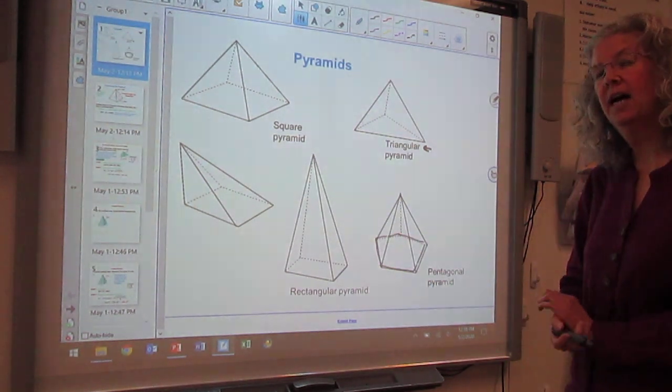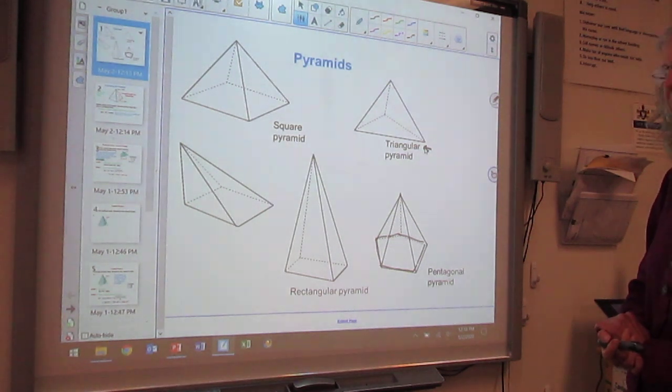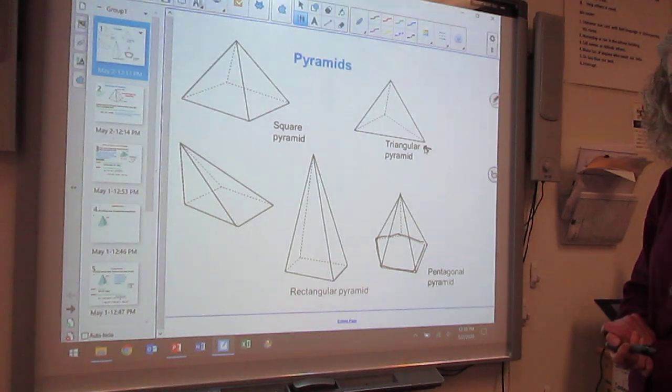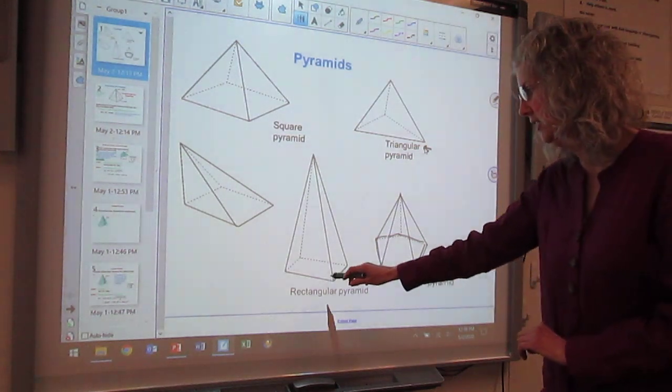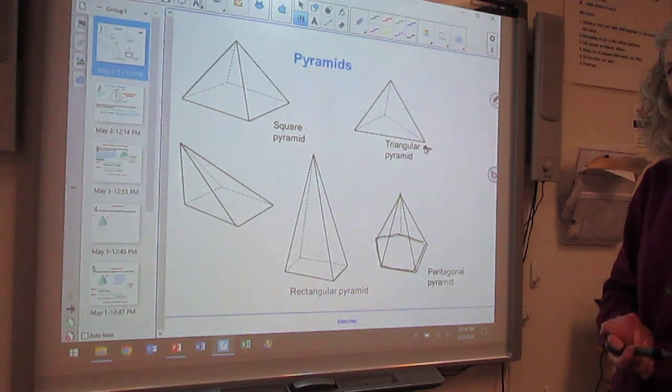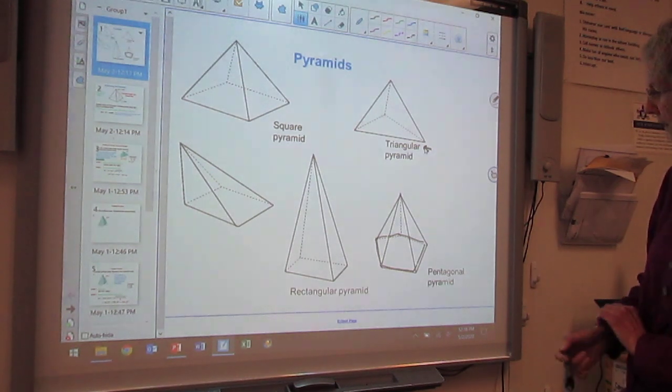With all five sides the same length on the base. What would be special about a regular pyramid versus one that is not regular, such as this rectangle? I want you to think about that for a minute. What is different about it?